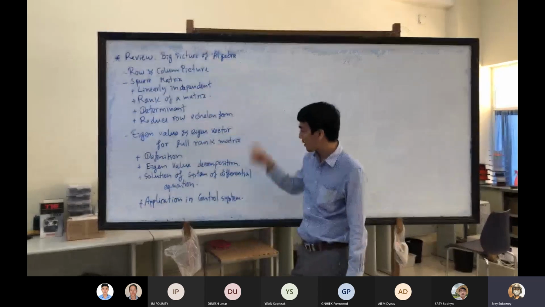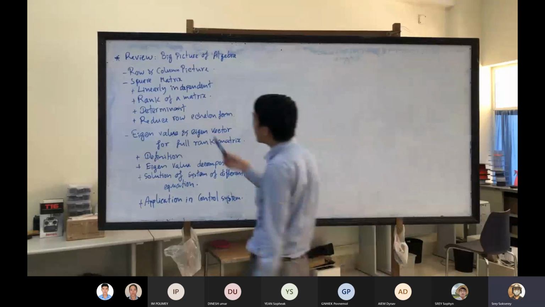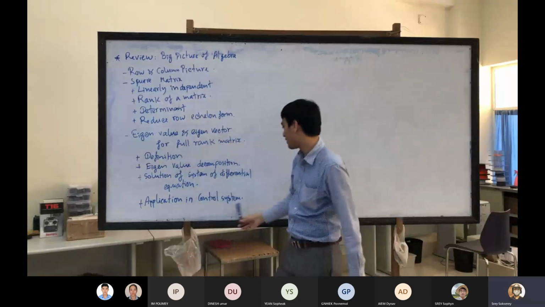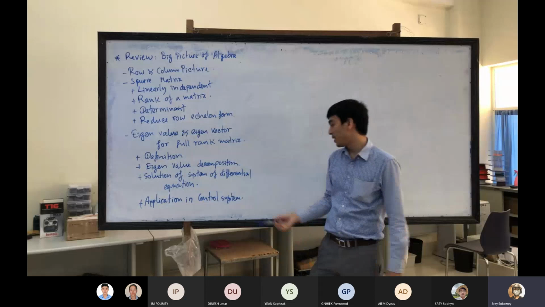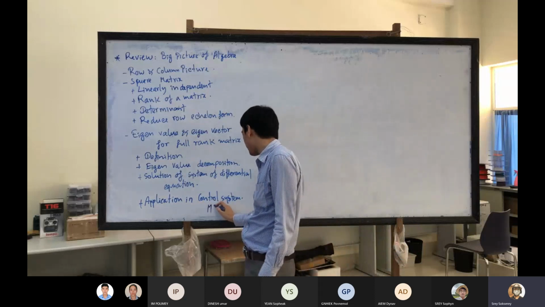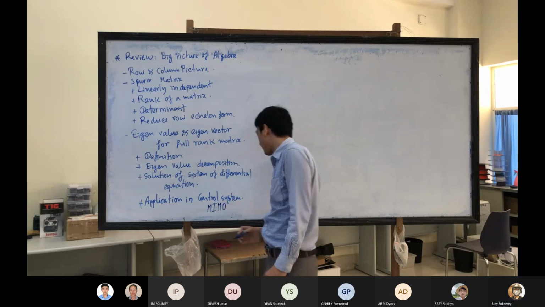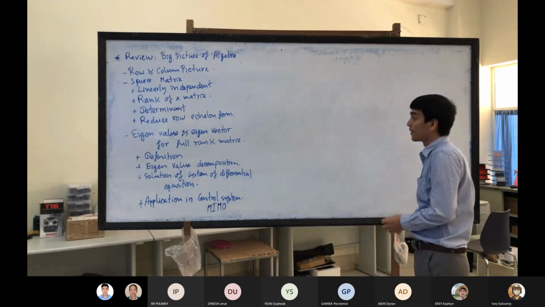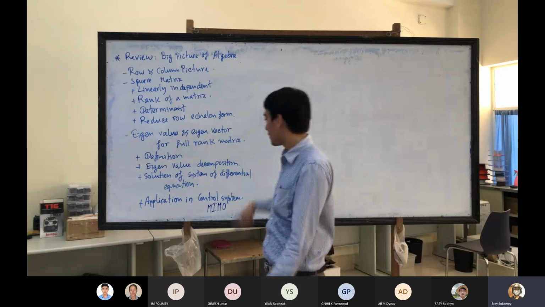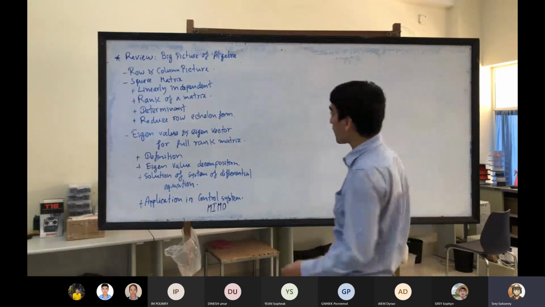So one lecture must reach one application. For instance, here I will try to reach an application in a control system, especially multi-input, multi-output. Next lecture, I will work on another application, for example, optimization.